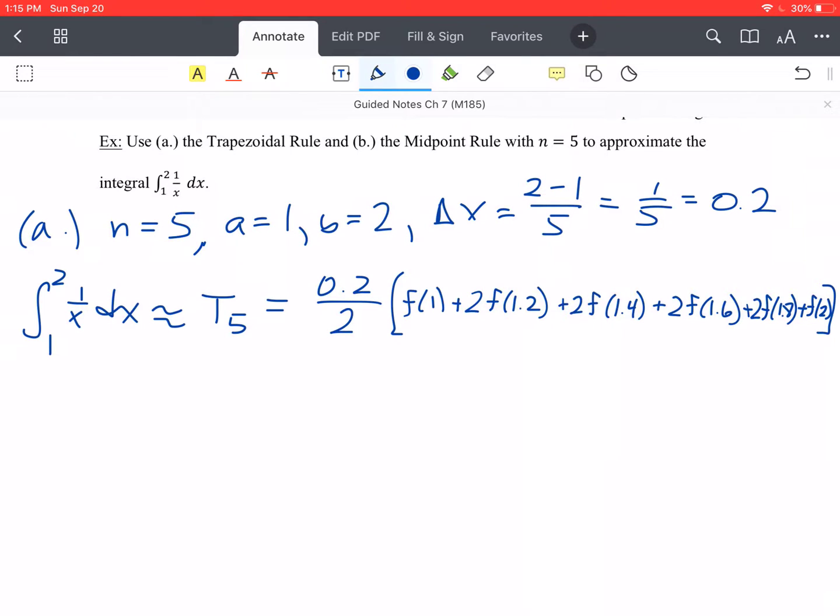Okay, so we've got, again, that first term and that last term are just coefficient of 1, and all the terms in the middle have a coefficient of 2.